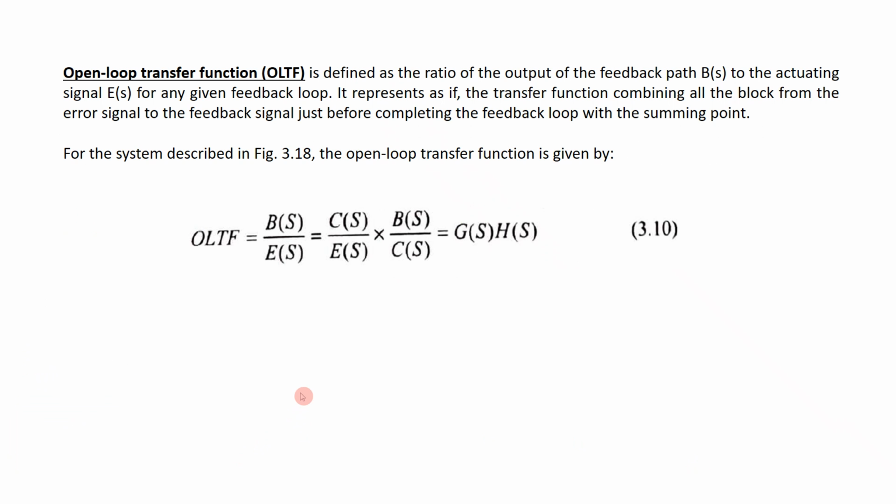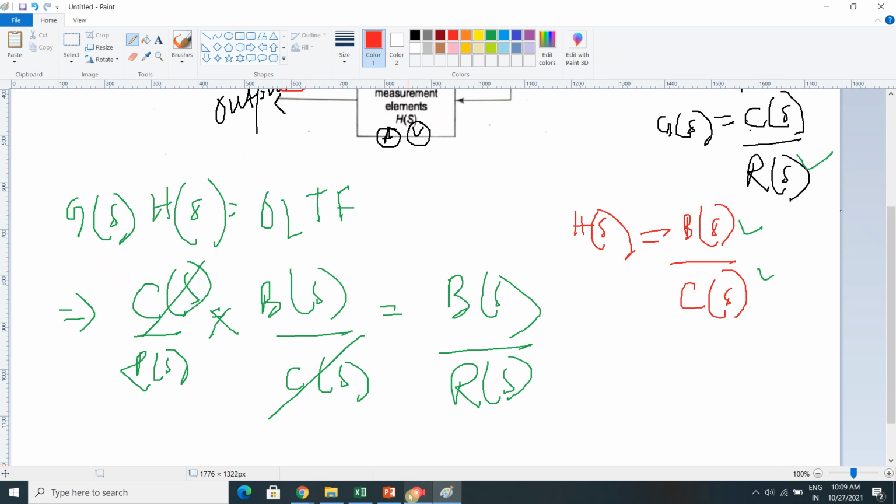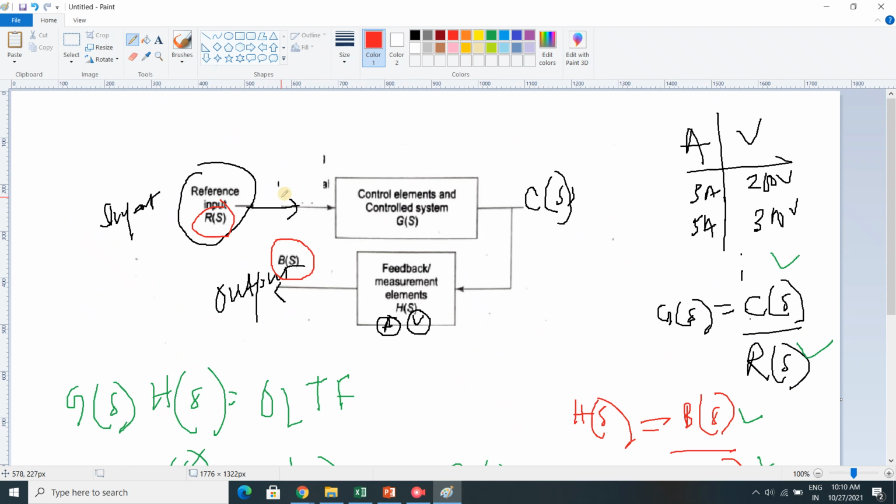In the open loop transfer function, where the feedback is not there, the output is B(s). Over here it is written B(s)/E(s) because in this case they have considered the summation point. The summation point is there, but the output is not connected to the summation point, so E(s) is over here. You can also write it this way, B(s)/E(s), because it is the same thing.